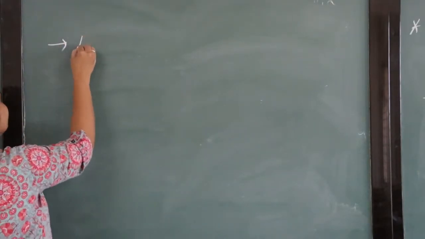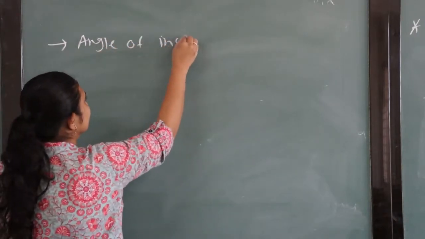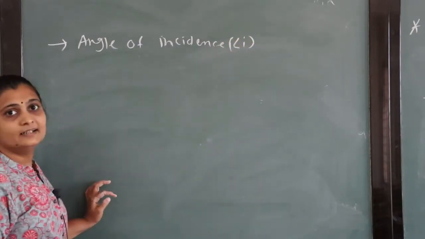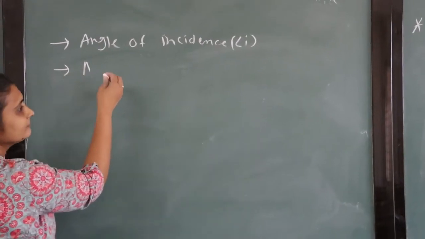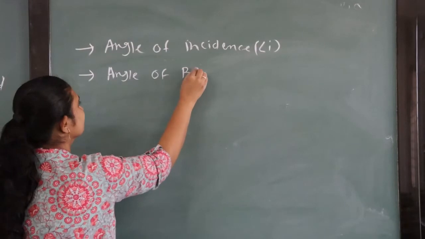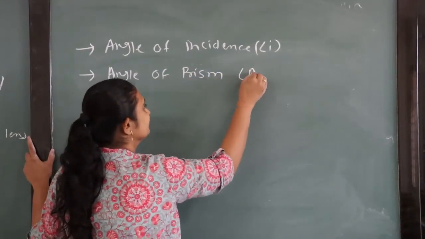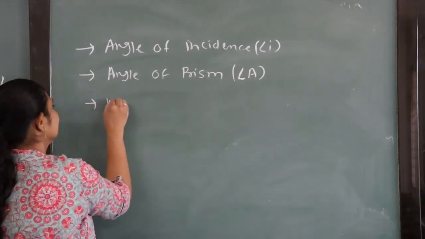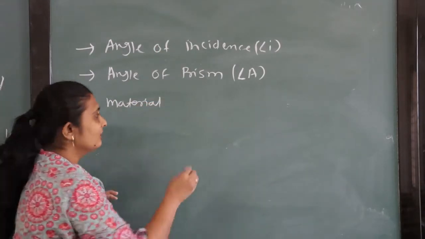First one, angle of incidence, that is angle I. Angle of prism, angle A, and material of prism.